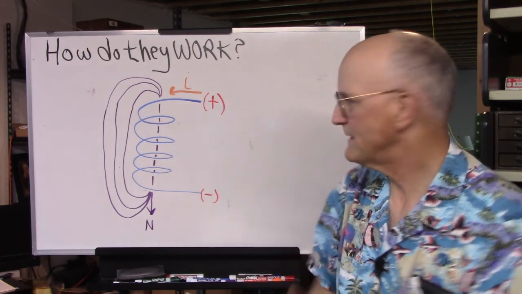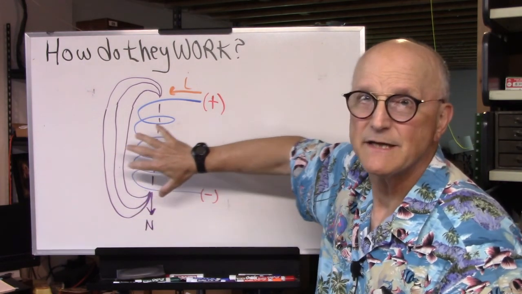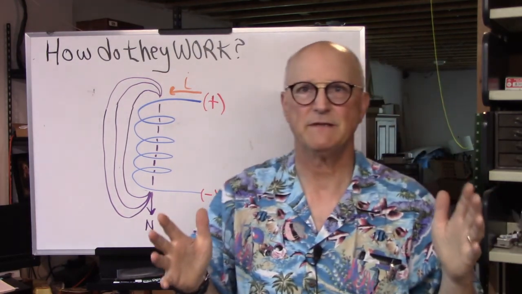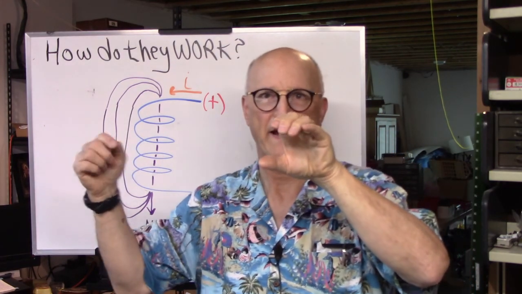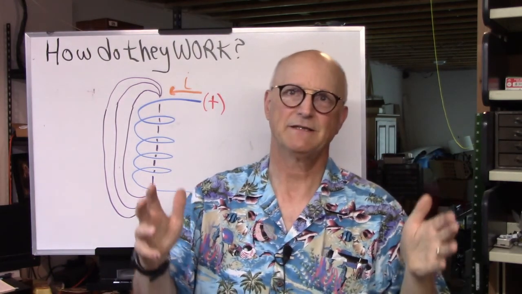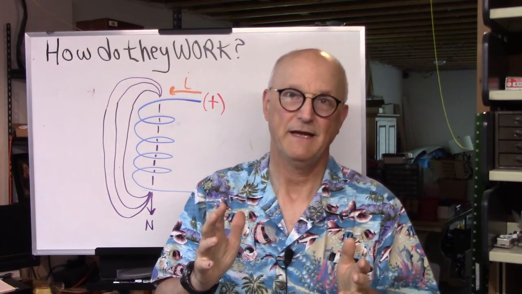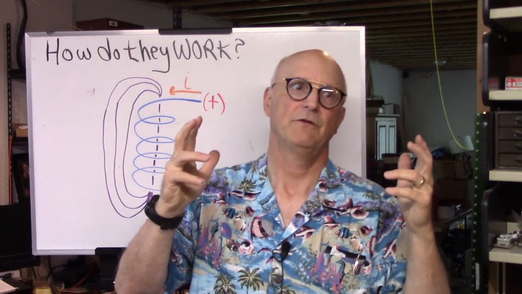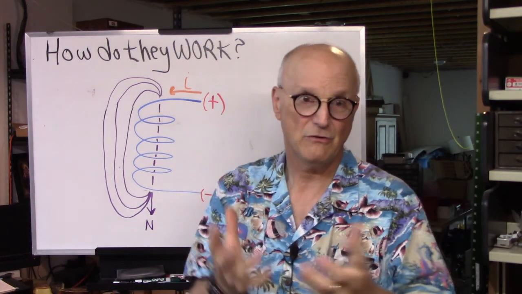But in the process of collapsing, these magnetic field lines are passing across the inductor itself. Now what happens if we pass a magnetic field through an inductor? It generates an EMF, a potential difference across itself. And the faster that magnetic field moves, the more powerful the electric field induced in it.